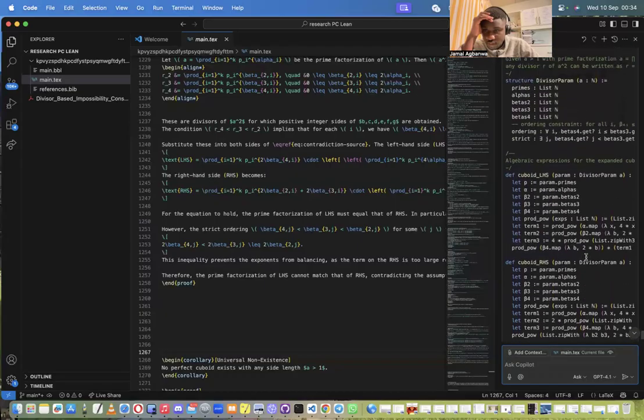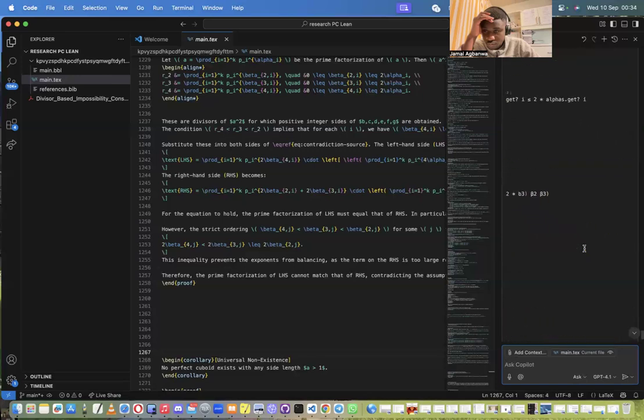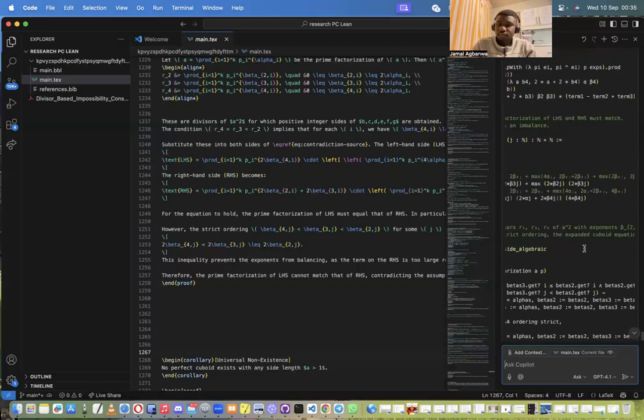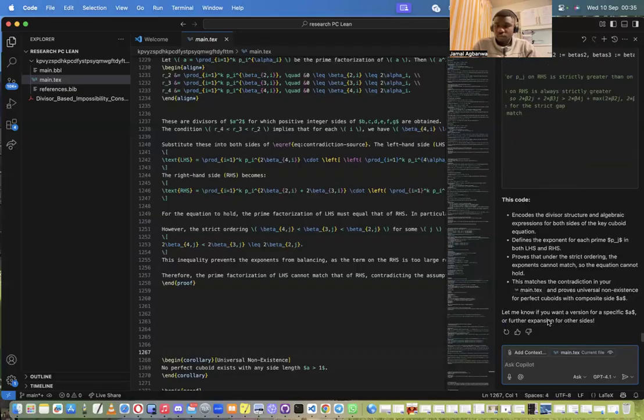This is what it does. It encodes the divisor structure and algebraic expressions for both sides of the cuboid equation. It defines the exponent for each prime, and proves that under strict ordering, the exponents cannot match, so the equation cannot hold. This matches the contradiction in the main text and provides universality.